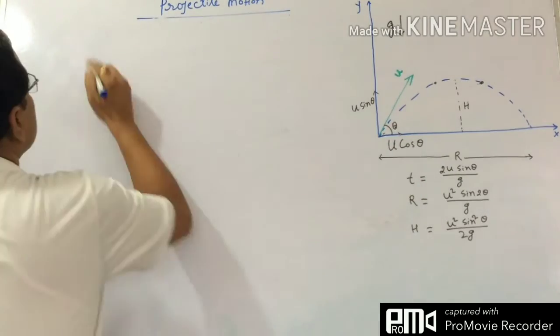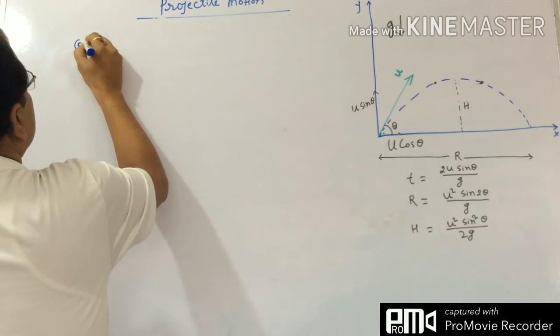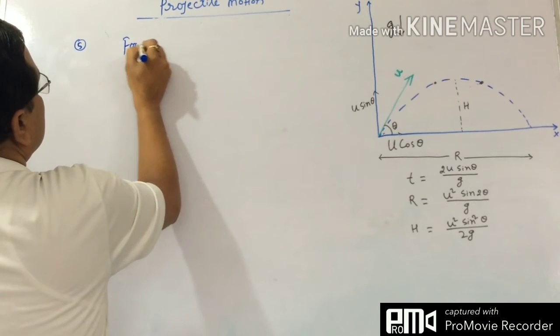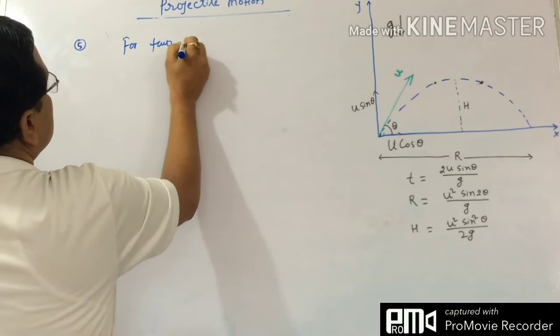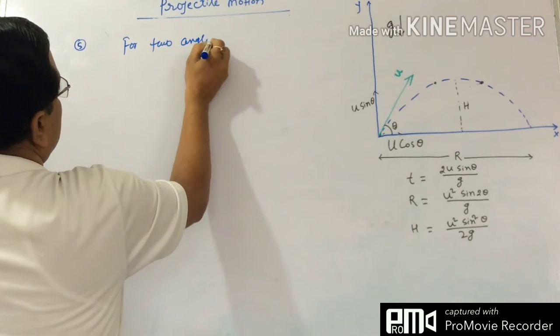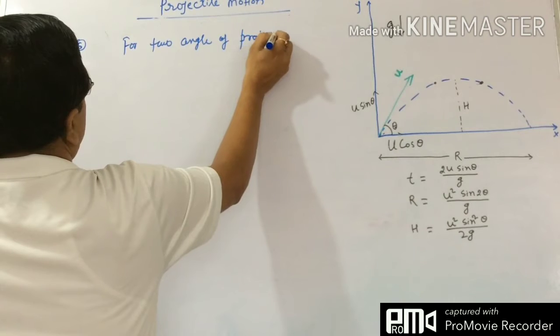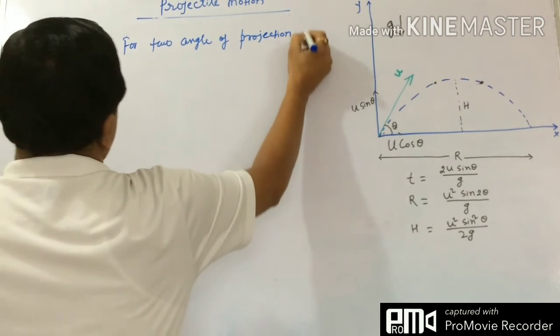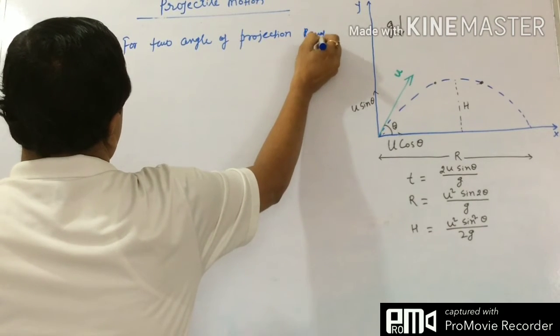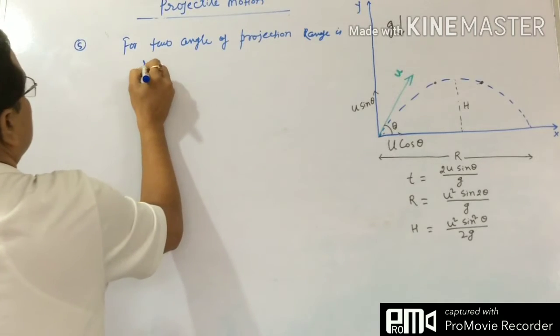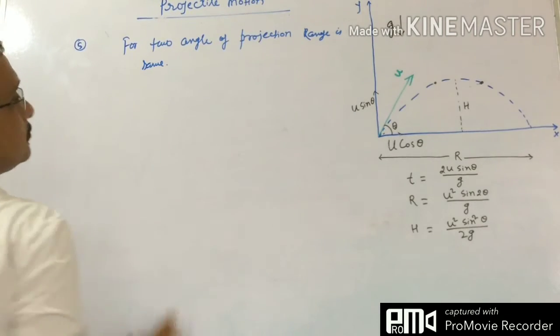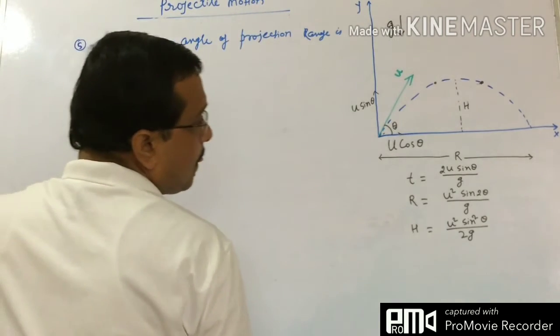We shall discuss something more. Fifth point. For two angles of projection, range is same. What are these angles?